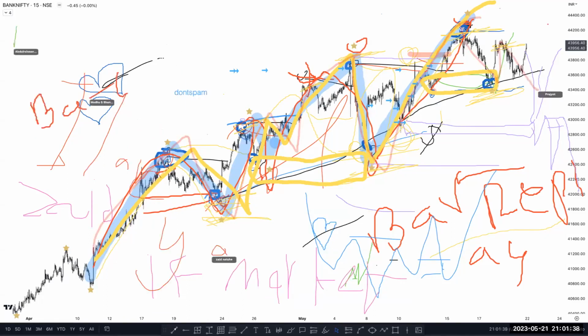Yes, sir, I will do a bar play, but this is just a normal discussion. I'm just going to ask you how you are marking the structure, right? No need to worry about anything.